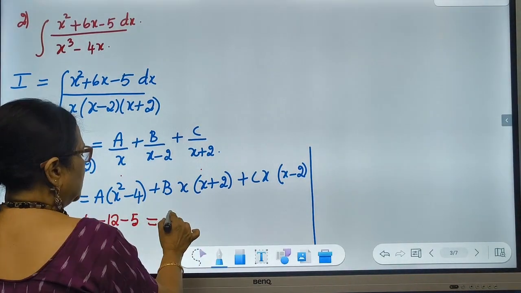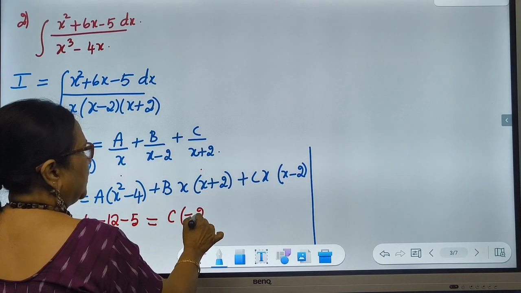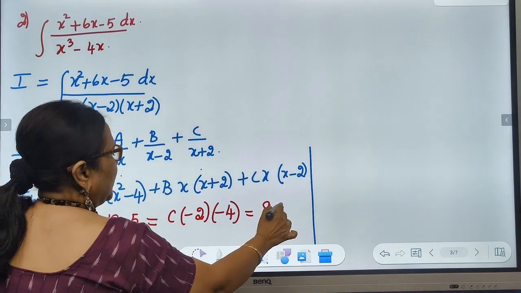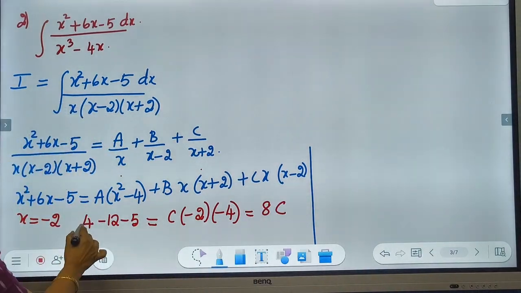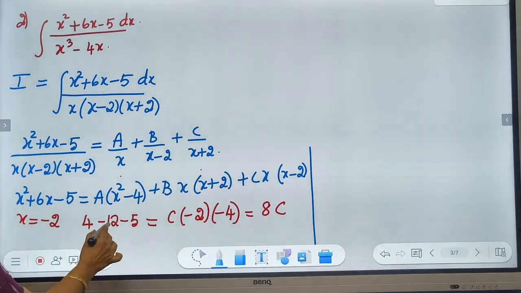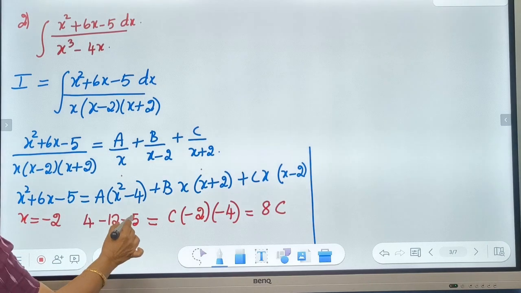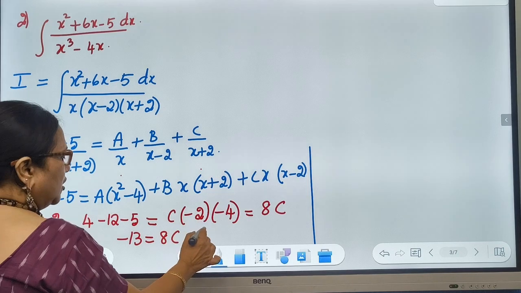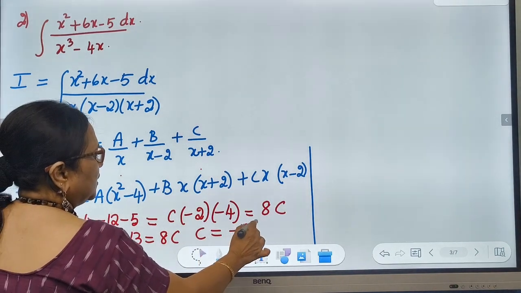Only this will be there. So c into (minus 2 minus 4), which is equal to minus 8c... 4 minus 12 is minus 8. Minus 8 minus 5 is minus 13 equal to minus 8c, or c equal to 13 by 8.